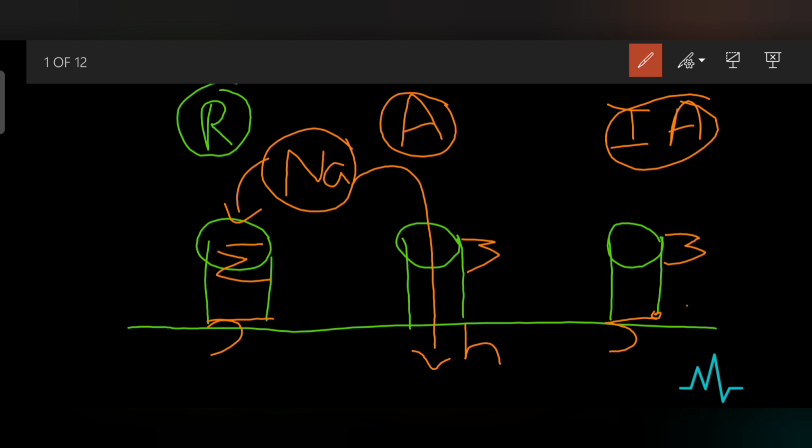This is the part where the local anesthetic works, and the local anesthetic goes and binds to this H gate and prolongs its closure, so that sodium cannot enter the cell and the cell cannot become depolarized, and the CNS cannot get the information about that particular area from where this neuron is carrying the signal, right? Okay, so we have a concept of how local anesthetics work.